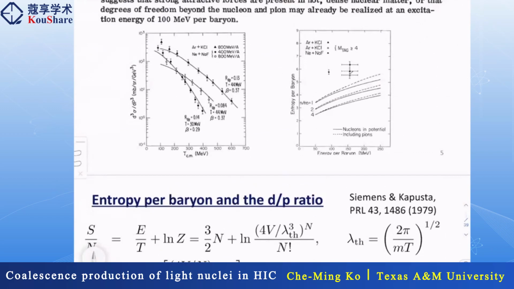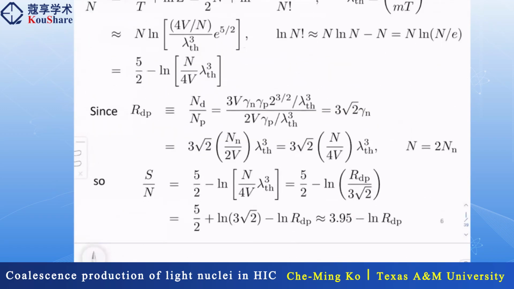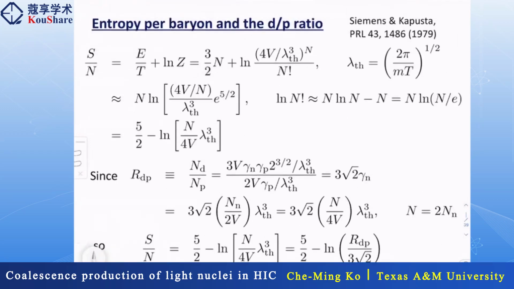Once you have a deuteron, then you can go up. That's why they claimed additional entropy is produced during heavy-ion collisions at the Bevalac energies. That gives more motivation for people to study the properties of the matter produced in heavy-ion collisions. So that paper was very important at that time.